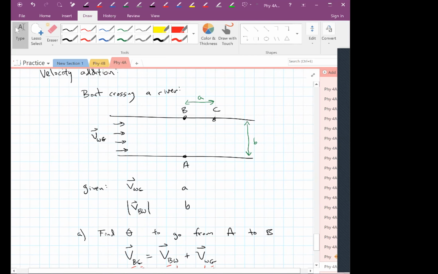We're not trying to get to point B straight across the river. We're trying to get to point C, okay?